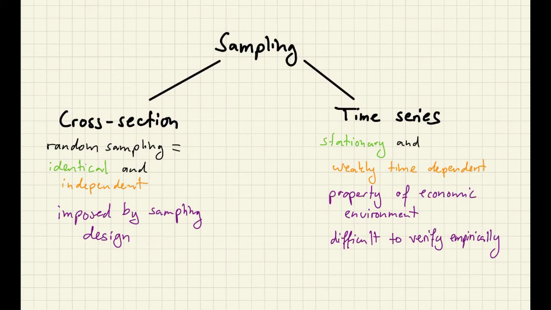So you should treat this similarly to an exogeneity assumption in causal inference, for example, where you have to argue economically that the assumption is satisfied and where you cannot use data to show that the assumption is satisfied. For time series, that is very important to think about whether a time series is stationary and weakly time dependent, because many time series that we encounter in economics are actually not.